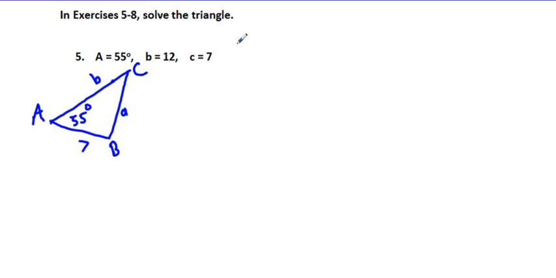To do that, we'll use the formula A squared equals B squared plus C squared minus 2BC cosine of angle A. We're going to fill in the blanks here.